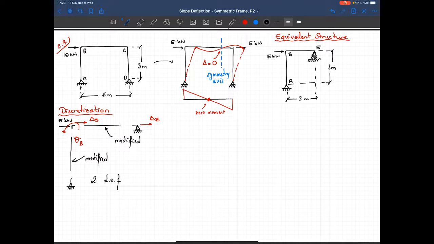Now let's write down the equilibrium equations. But before that, I have to draw the free body diagram. Let's draw the free body diagram first. Then write the equilibrium equation.